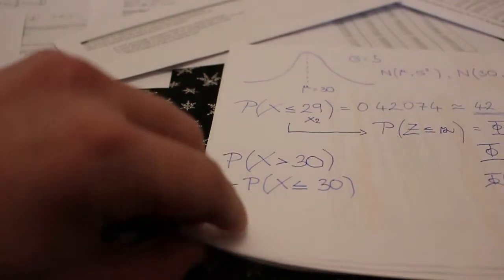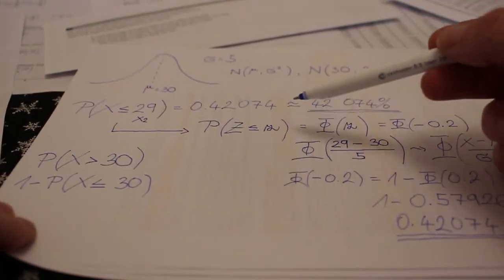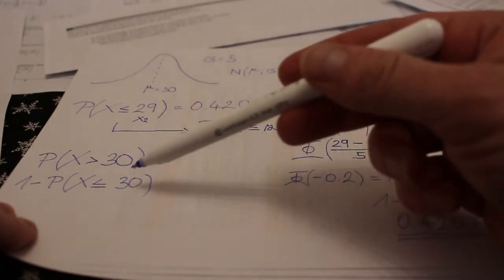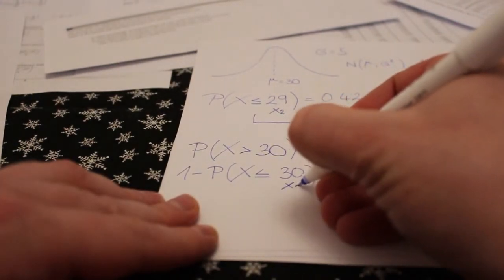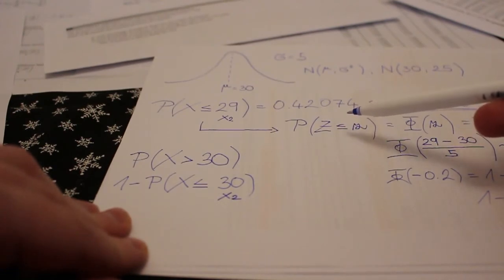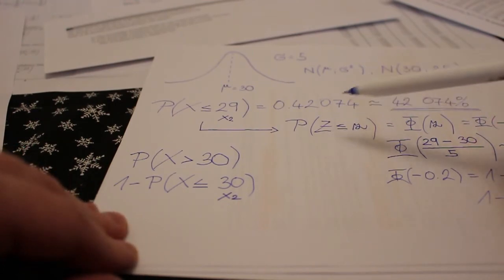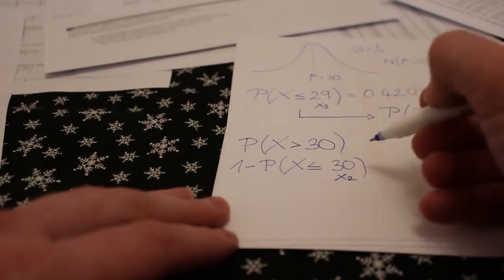According to this standardization and calculation, we will solve this point B. This is again some small x2. We will use this standardization to variable z, and I will calculate the probability that variable z will be smaller or equal to small z.